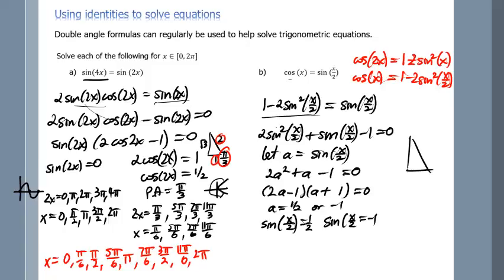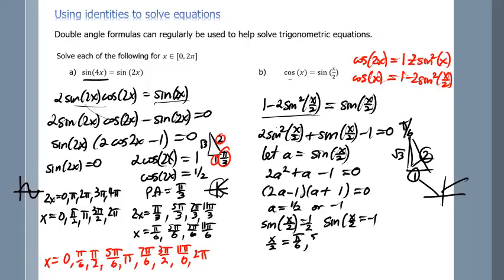When does sine equal 1/2? 1, 2, root 3, pi on 6, opposite over hypotenuse. So we know here x on 2 is equal to pi on 6. What quadrants is sine positive in? The first quadrant and the second.